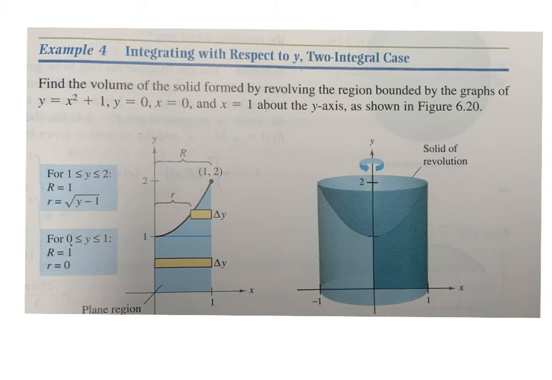When I'm revolving around the y-axis, if you look at these particular functions, from 0 to 1 they gave me my x's, and they gave me basically my y's. If I plug in a 1 for my x, I have 0 to 2 for my y. So I know my x limitations are 0 to 1, my y's are 0 to 2, because if I plug in a 0 here, I get 1. If I plug in a 1 here, I get 2.